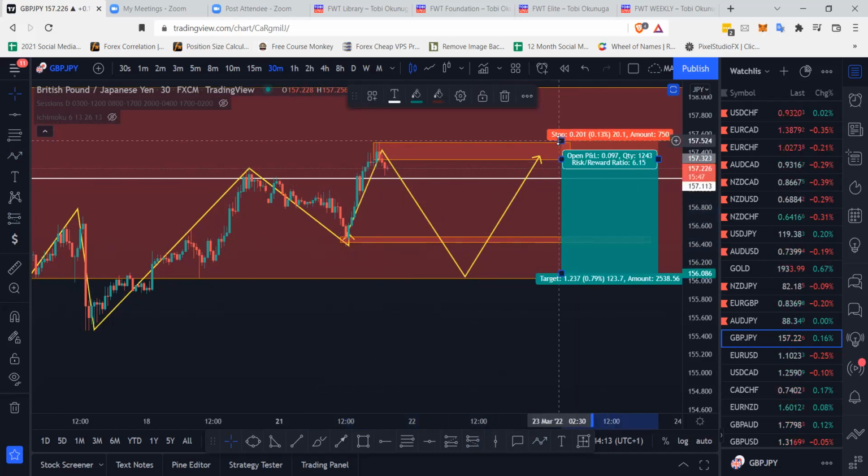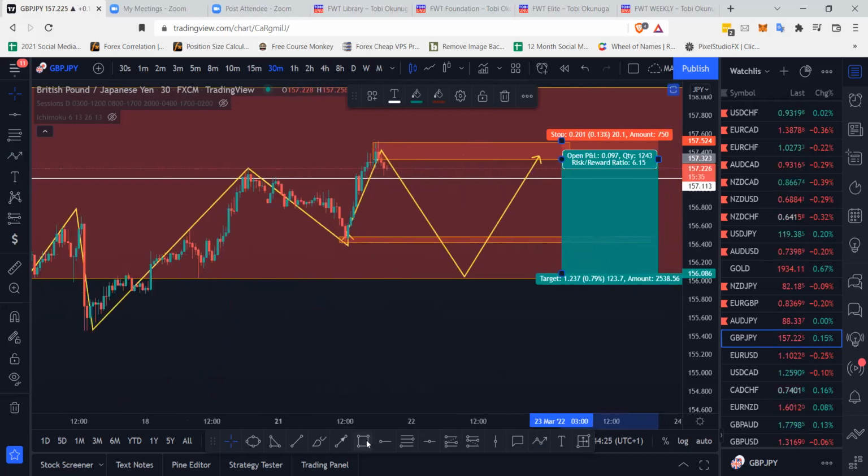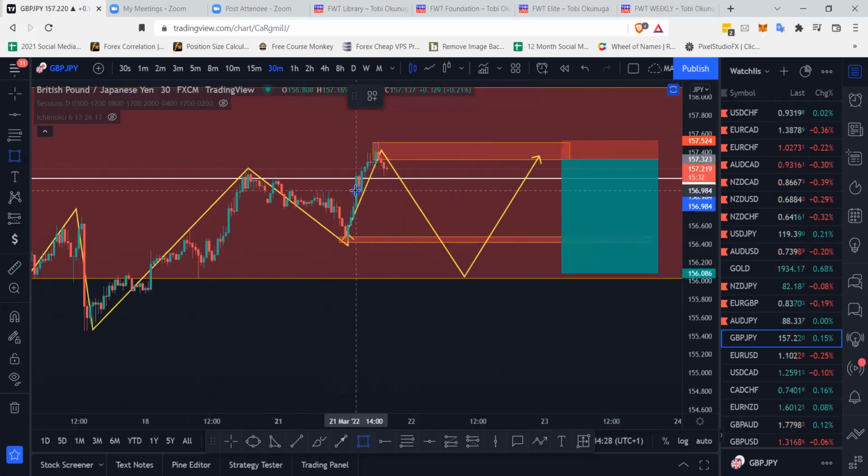Don't enter a trade if price has not broken structure. That's why I'm drawing these trend lines, just to identify the structure for you. For this move, this is not a structural area, because that's not the trend that entered into the zone.